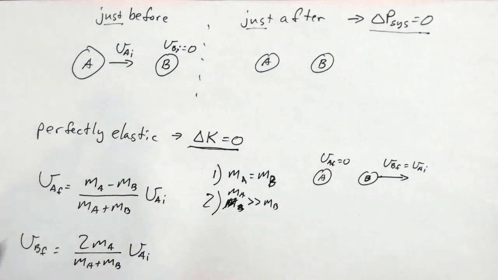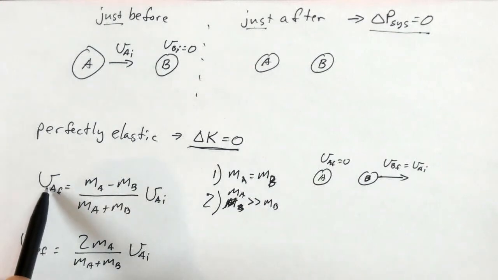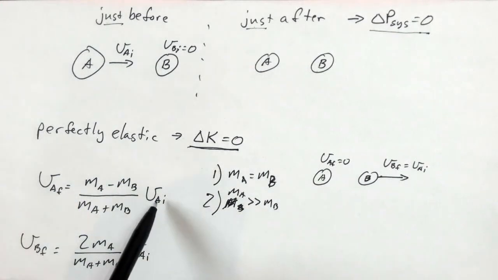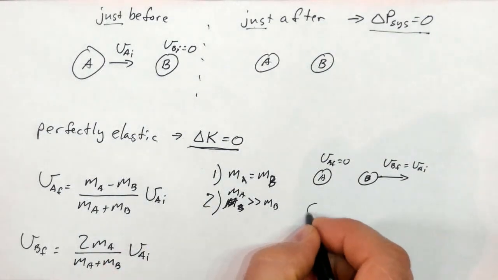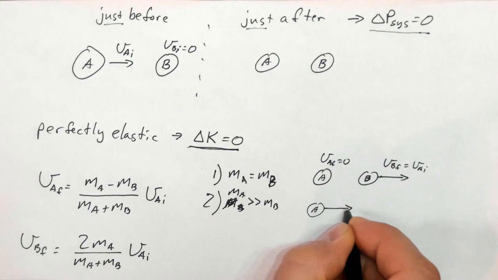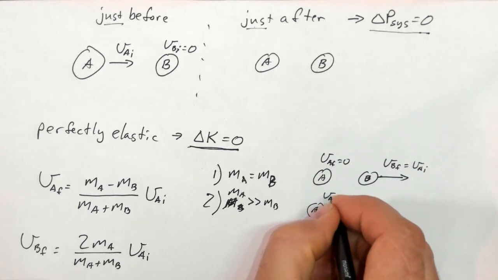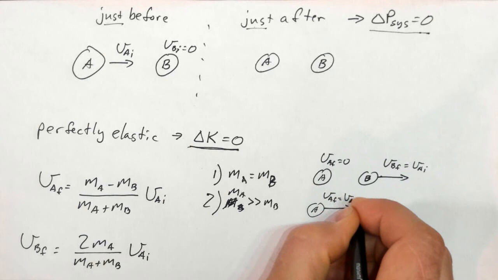And so to this approximation that MA is huge compared to MB, the final velocity of A is equal to the initial velocity. It just keeps on going. So that checks. A just keeps on going, VA final equals VA initial.